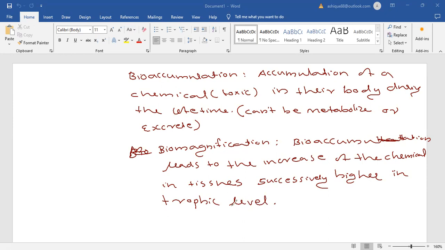In microbes the amount of the chemical will be very little; in small fishes it will be a little higher; in larger fishes and mammals higher still. The simplest example is DDT, which is present even in embryos, showing the extent of accumulation of these chemicals. Okay, that is clear.